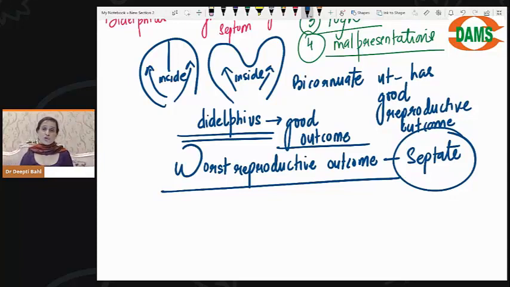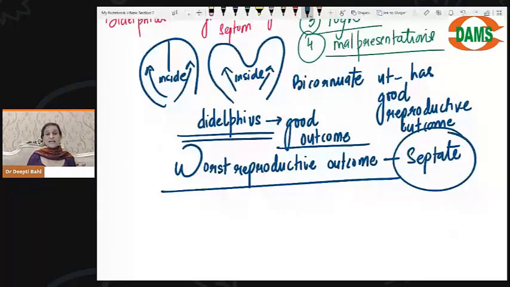So in other words, if you come across septate uterus in a patient of recurrent abortions, do you need to treat her? Yes or no? The answer is yes, right? On the other hand, if I ask you, do you usually need to surgically treat bicornuate or didelphius?